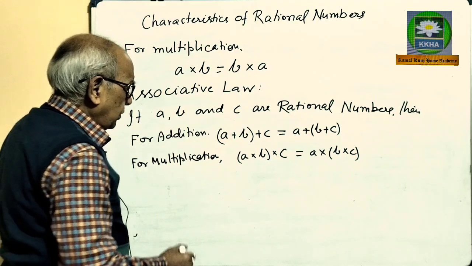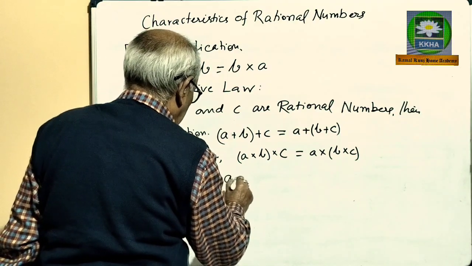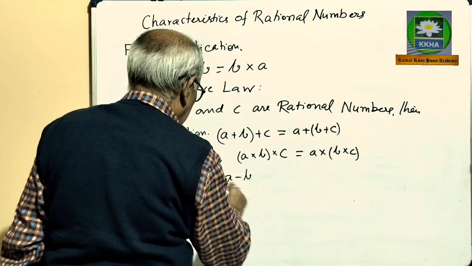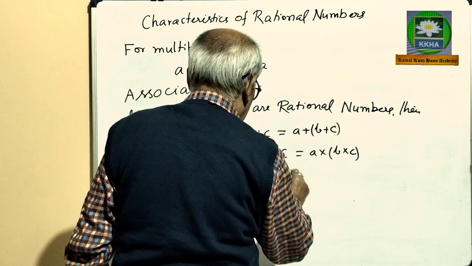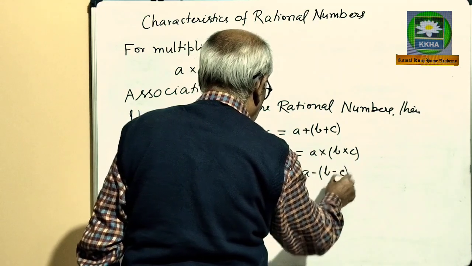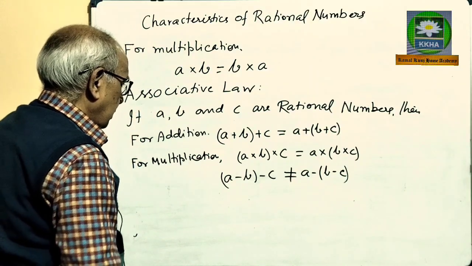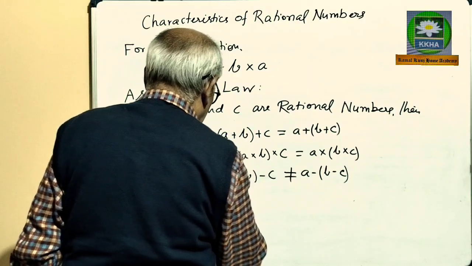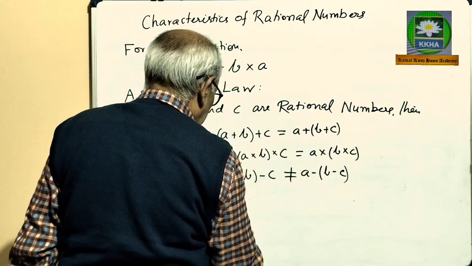It is not true for subtraction: A minus B minus C will not be equal to A minus B minus C grouped differently. It is also not true for division.